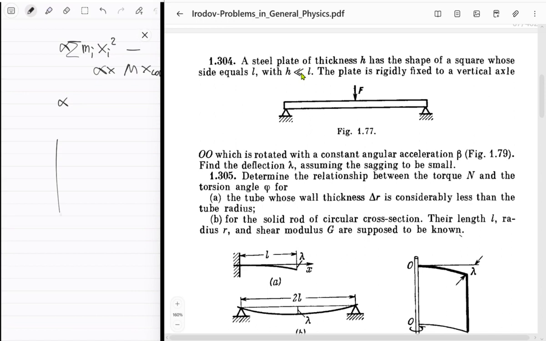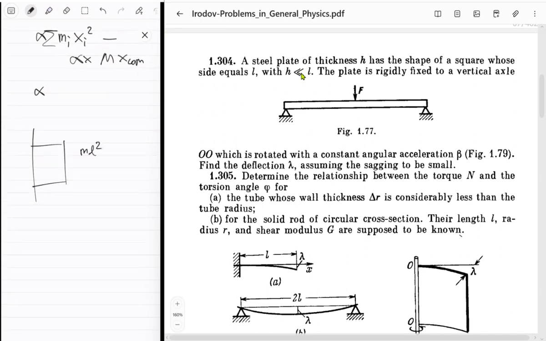For a usual rectangular plate, the inertia is just m L squared upon 3, with thickness h or whatever. This is getting very weird. Anyway, m L squared upon 3, where this is L. That will be your inertia, right?